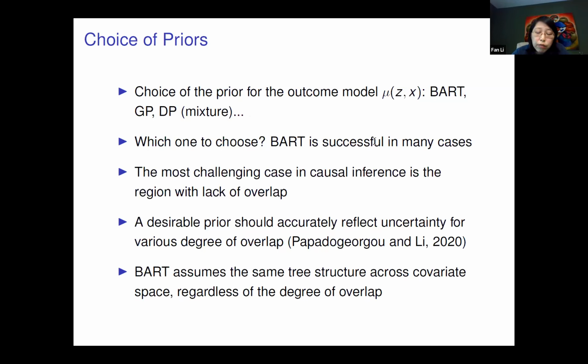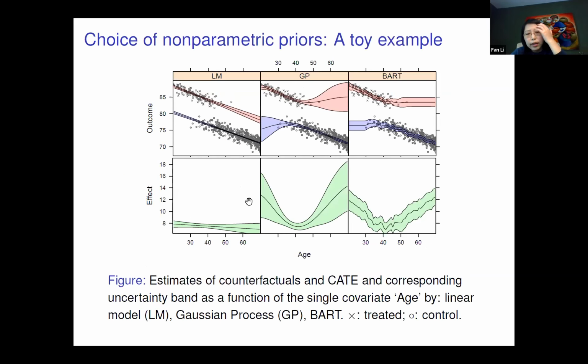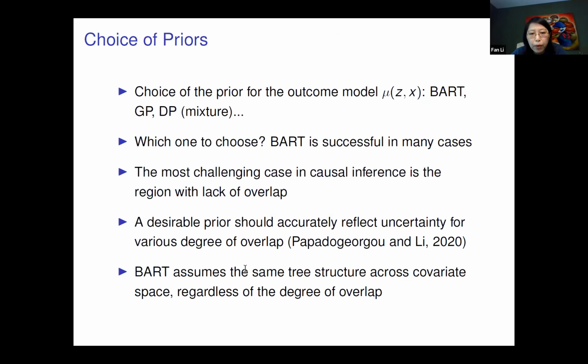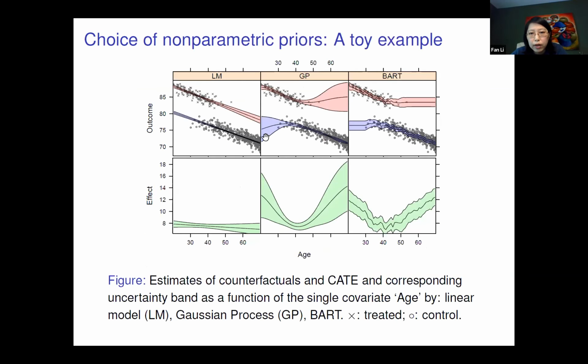Back to causal inference, the most challenging case in causal inference is the region with lack of overlap. You can say that all methods do poorly there, but at least if you're Bayesian, you want your uncertainty quantification to be accurate there. So it's important that a prior should accurately reflect uncertainty for various degrees of overlap. I don't really have time to go through this example, but the point is that tree-based priors often don't have the flexibility because they assume the same tree structure everywhere.